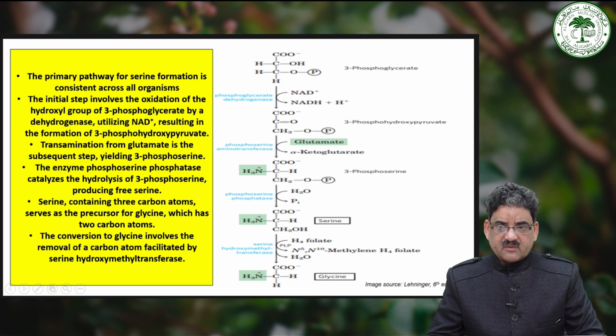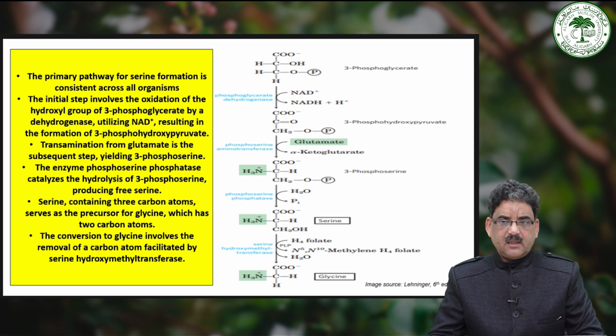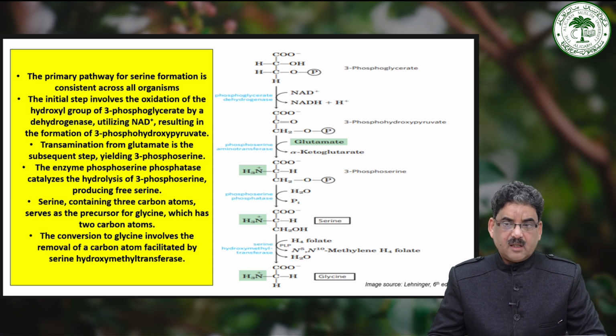This intricate pathway highlights the interconnectedness of amino acid metabolism and its vital role in cellular processes. Moreover, methylene tetrahydrofolate is generated through the acceptance of the carbon 3 from serine by tetrahydrofolate, leading to the formation of a methylene bridge between N5 and N10.